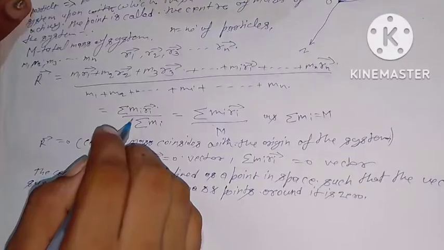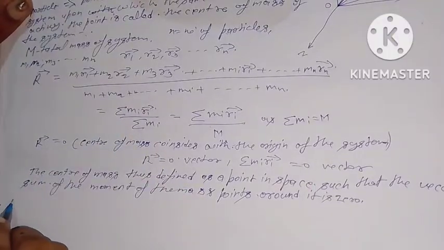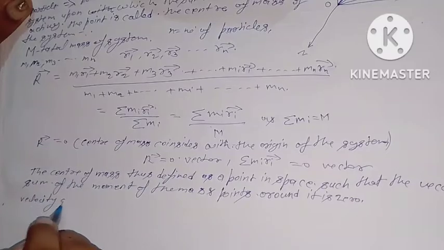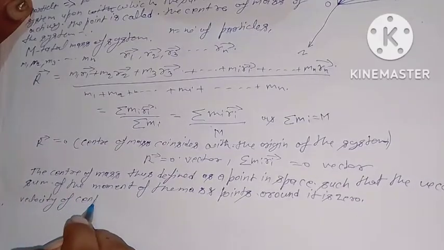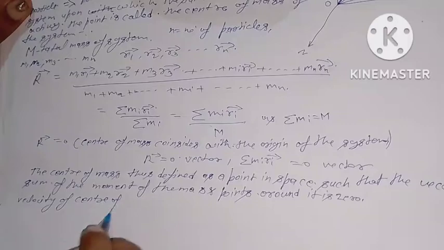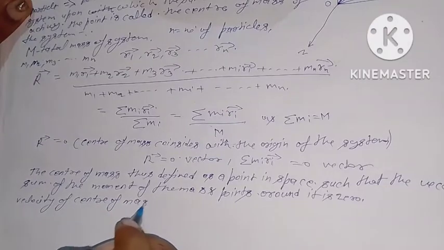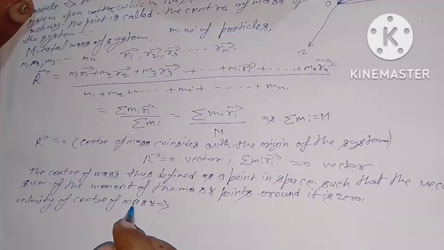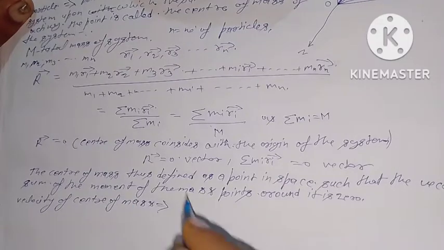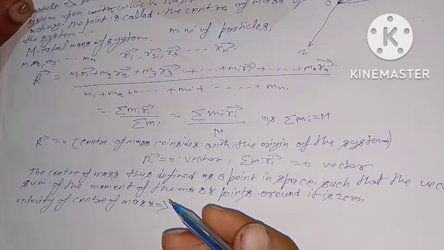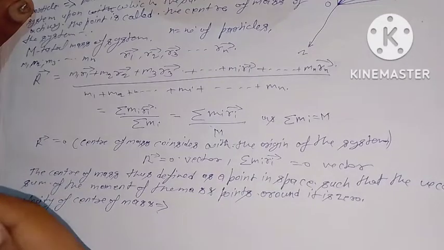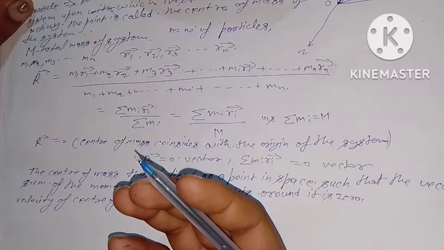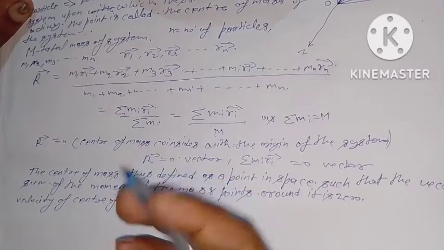Next is velocity of center of mass. Let us consider the motion of a system consisting of n particles and total mass capital M, assuming that the mass of the system remains constant, no mass enters or leaves the system.